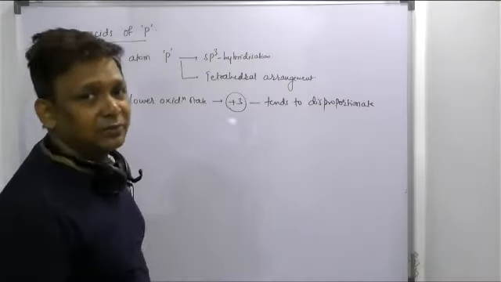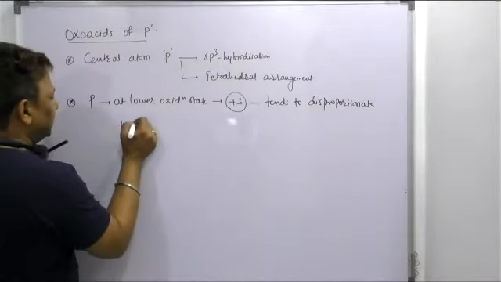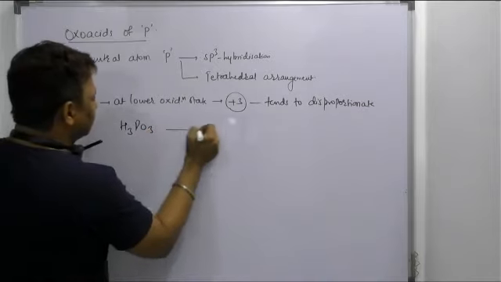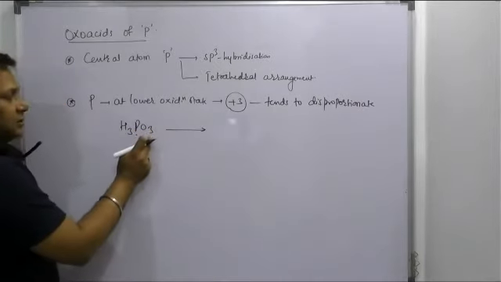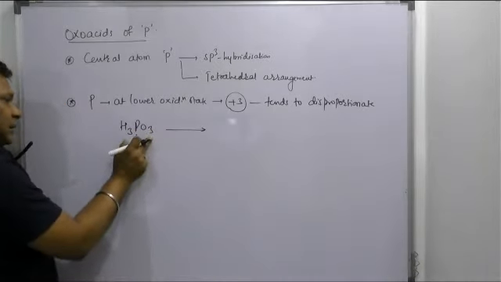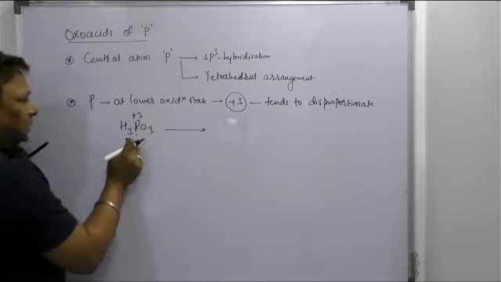Let me tell you one example. In H3PO3, what is the oxidation state of phosphorus? 3 into 2, 6, minus 6 plus 3, minus 3 becomes +3. It is a lower oxidation state.